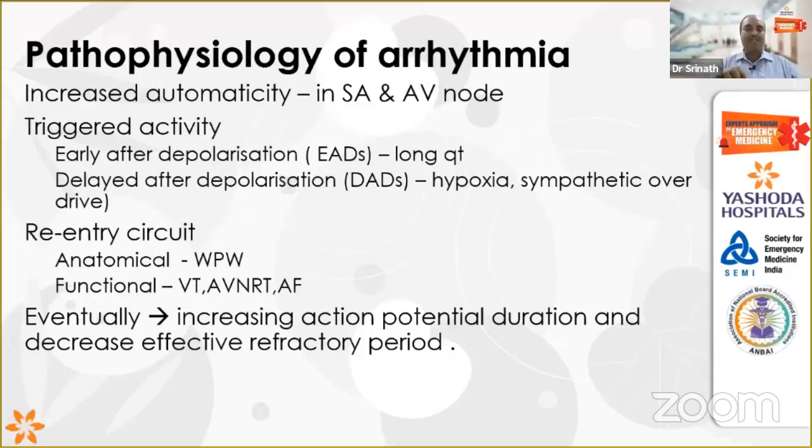Lastly, the problem is that it increases the action potential duration and decreases the effective refractory period. That means that sometimes, when you see atrial fibrillation or ventricular tachycardia, before it comes back to normal, the next wave is formed. That is the reason why you see re-entry circuit problems.